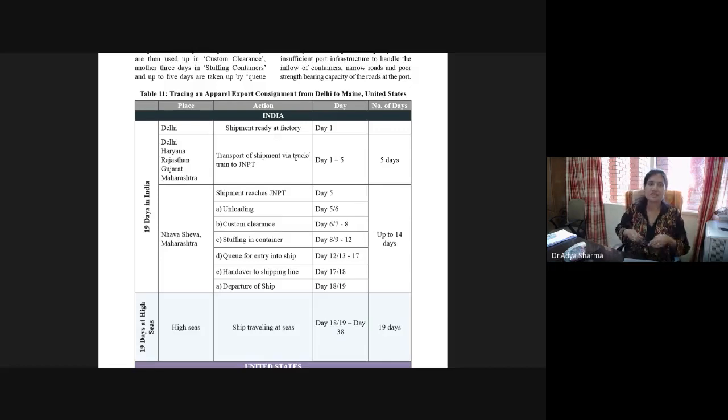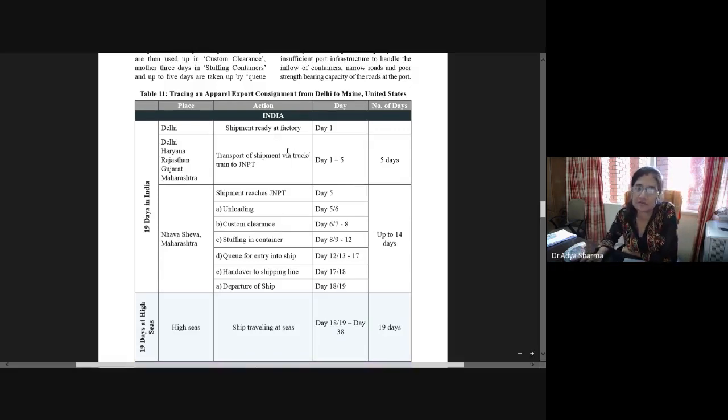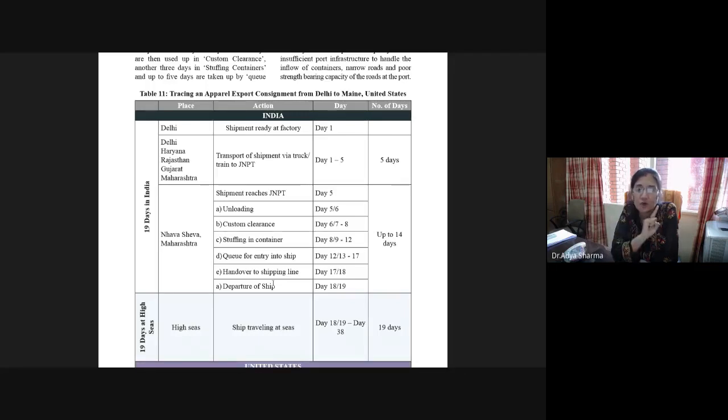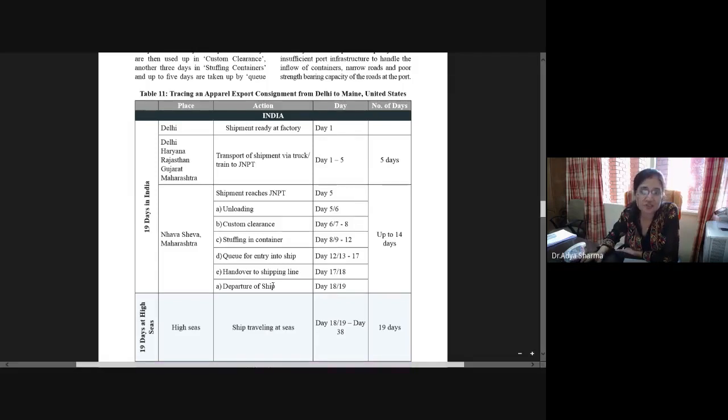But look at this. It started from Delhi and goes to the JNPT by a combination of truck and train. It takes 5 days to reach JNPT. And then in JNPT, it takes 14 days for all the documentation to be cleared, before finally the product can be sent to the US.